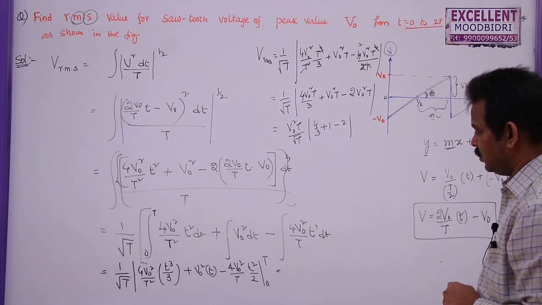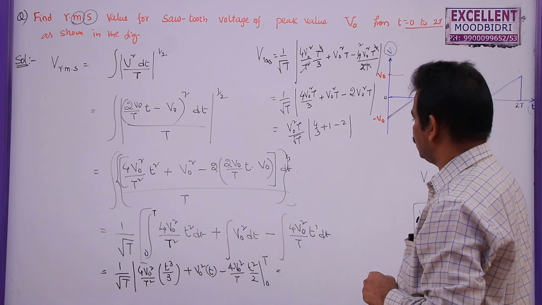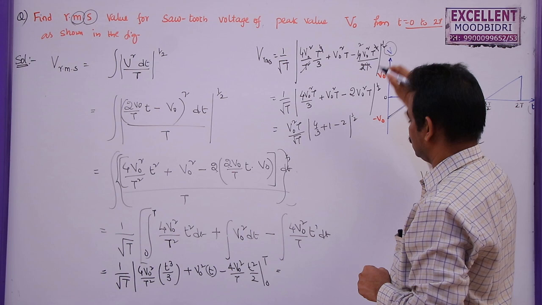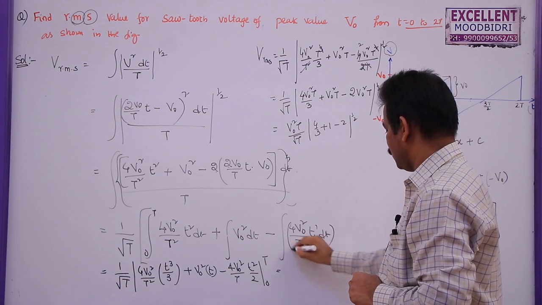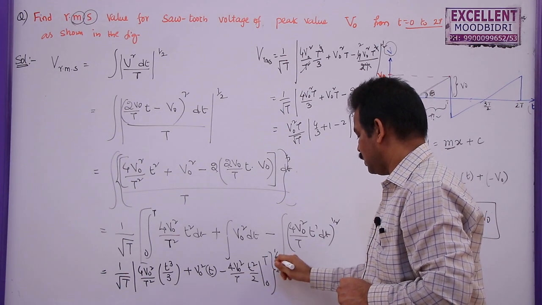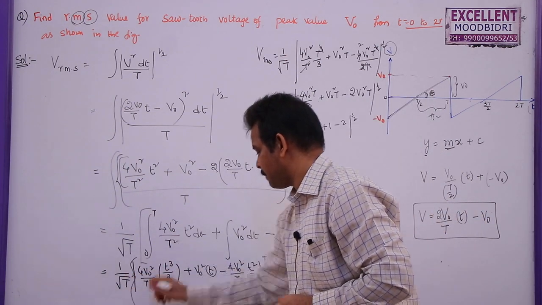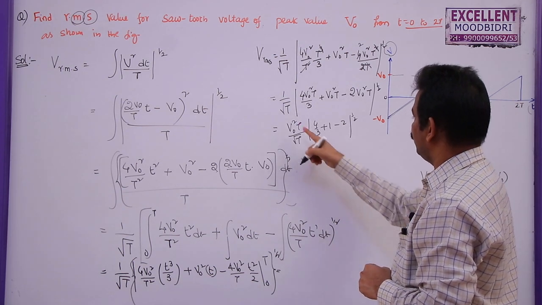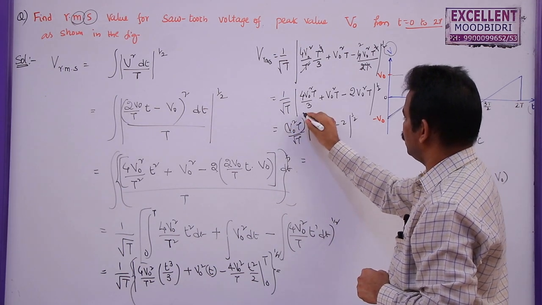So in each and every step we have 1 by 2 whole power. Here also we have whole power 1 by 2. So now we can write this as v naught square t, also whole power 1 by 2.